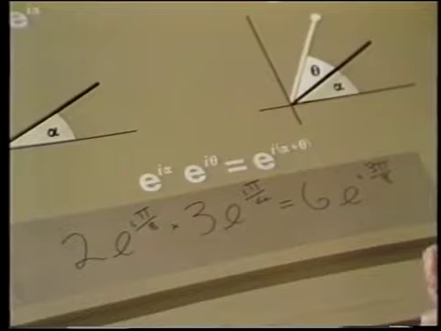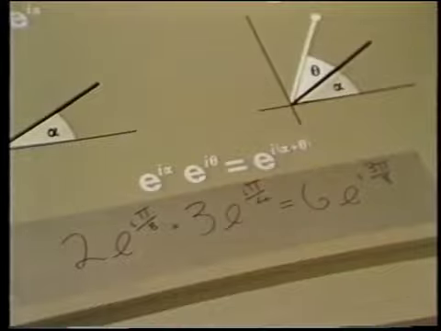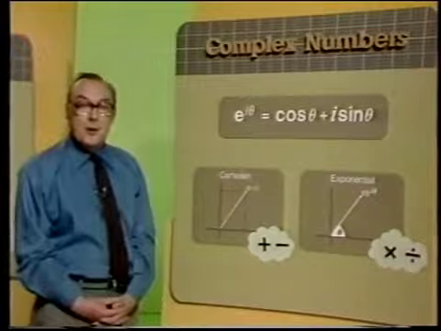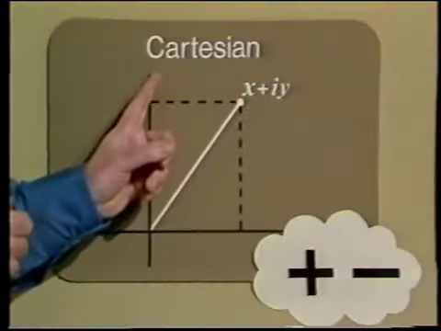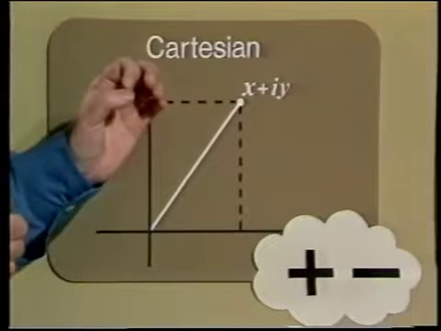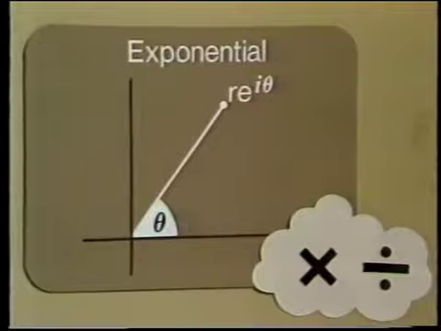And that's all there is to it. So multiplying complex numbers in exponential form, that's easy. The imaginary powers of e behave exactly like real powers. So now we've got two forms of complex numbers. The Cartesian form is good for addition and subtraction, and the exponential form is good for multiplication and division.